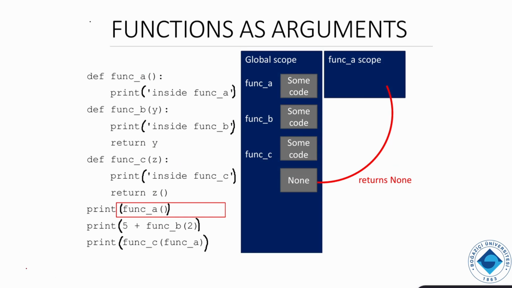Okay, first of all, how does it work? Let's try to understand the logic. Again, these are our functions, and these are our comments. In the first comment, we are printing function A. But if you go to function A, there is no return here, so it will return nothing. It just prints this string.